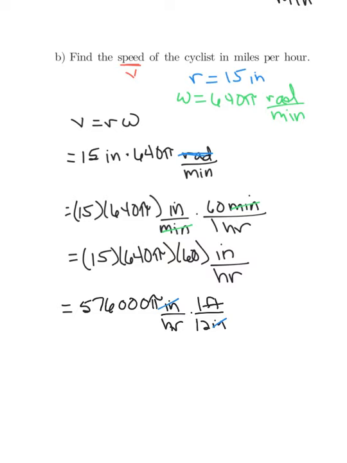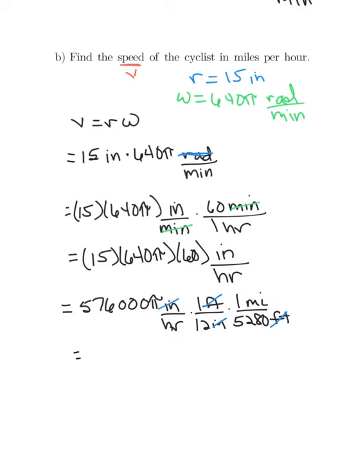That's not right. We need miles. So we are going to do feet and miles. In order for feet to cancel, it needs to go in the bottom. 1 mile is 5,280 feet. So now feet is gone.